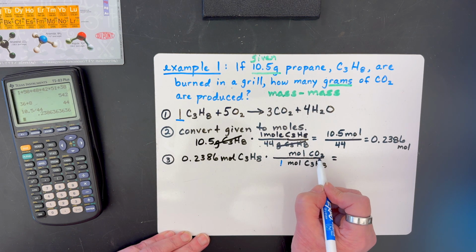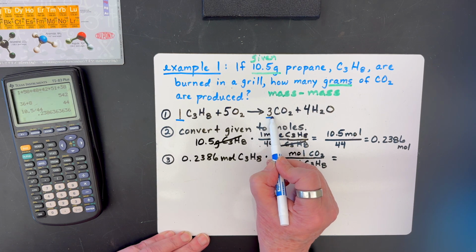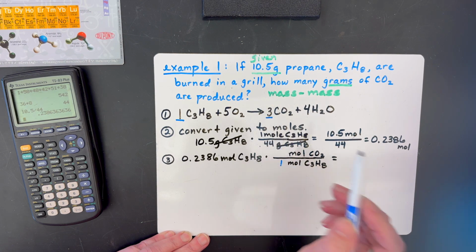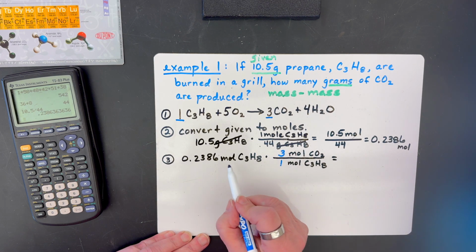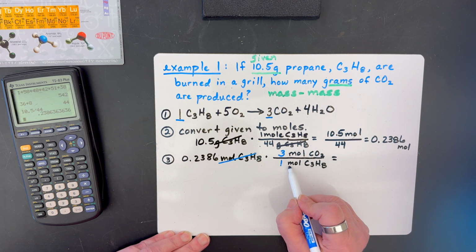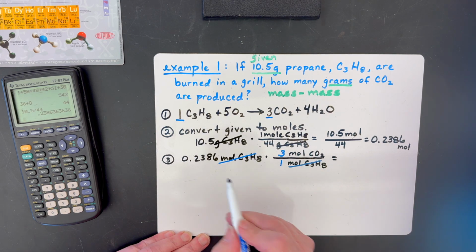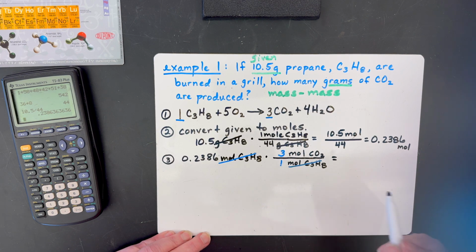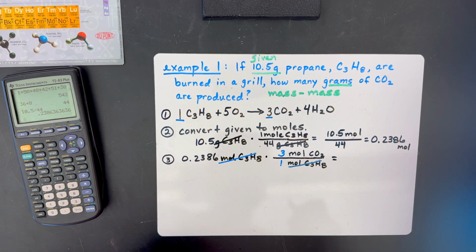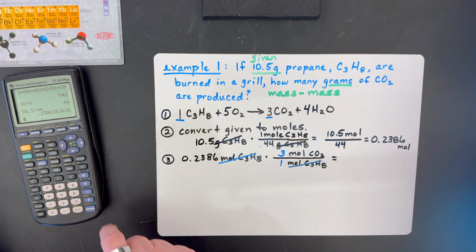And in front of CO2, this coefficient is a 3, so we're going to put a 3 right there. This unit cancels, and we end up taking our moles of propane times 3 divided by 1, and that will give us our moles of CO2.